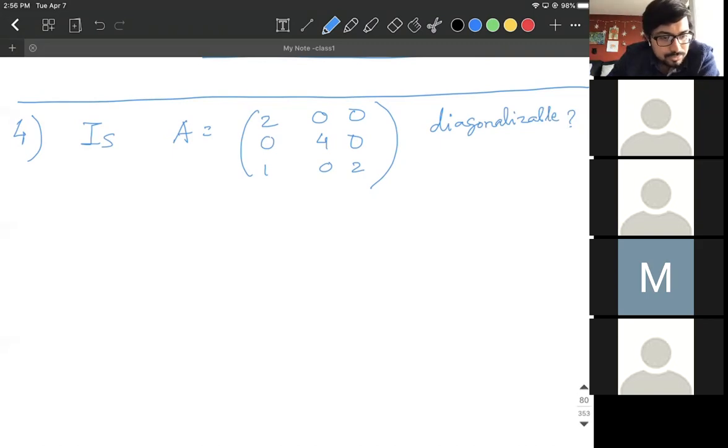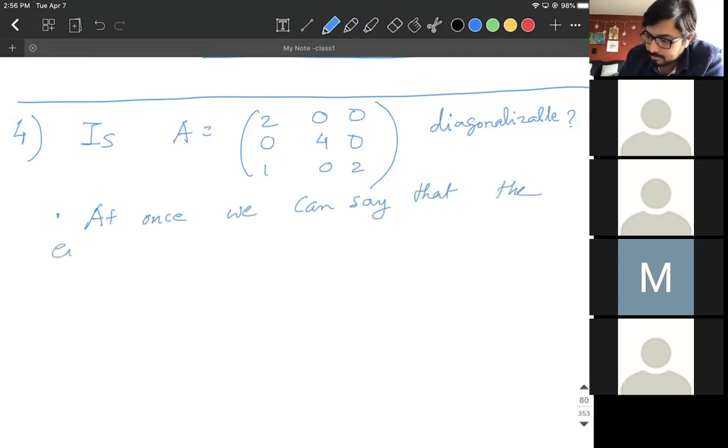Two and four, exactly, good. 2 and 4, yes. And what's the algebraic multiplicity of 2 and 4? Can you go over how you know that without getting the polynomial? So what's the algebraic multiplicity of 2? It's 2, right? And that of 4 is 1. So at once, we can say that the eigenvalues are lambda 1 equals lambda 3 equals 2, and lambda 2 equals 4.